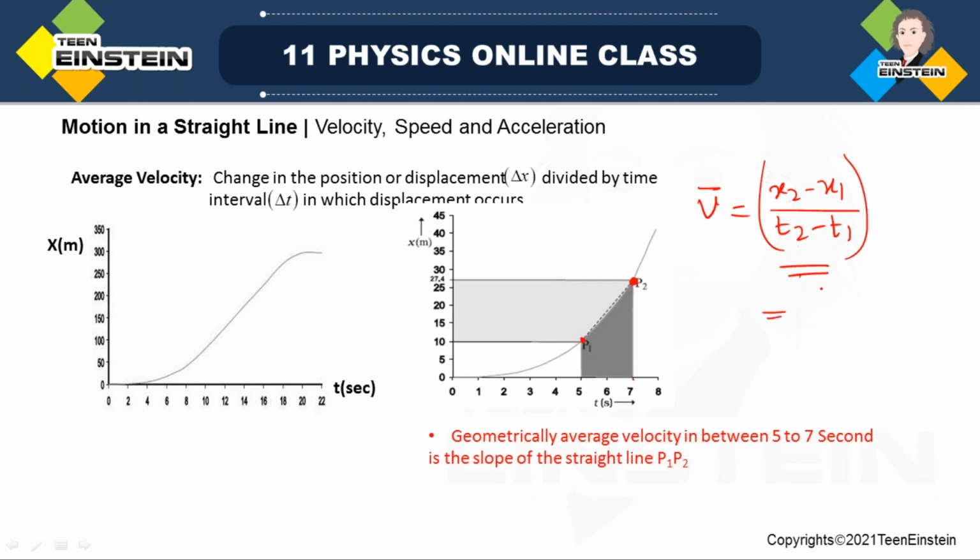What does this average velocity mean? It is delta x by delta t, which means the slope.